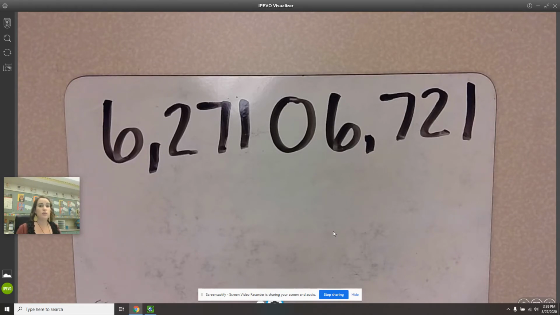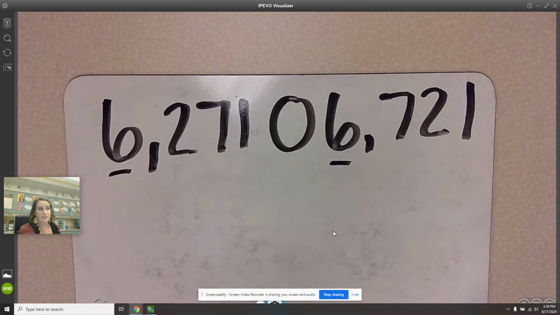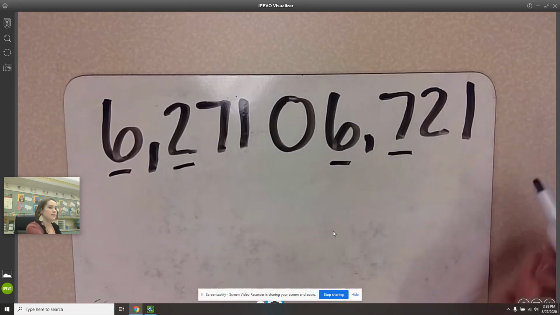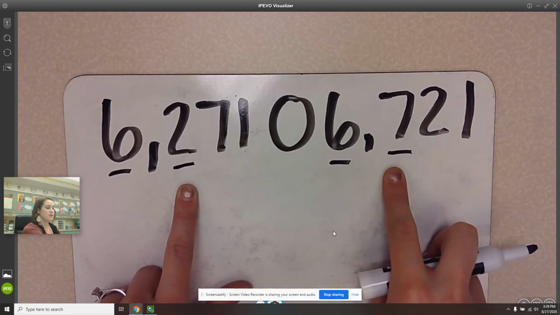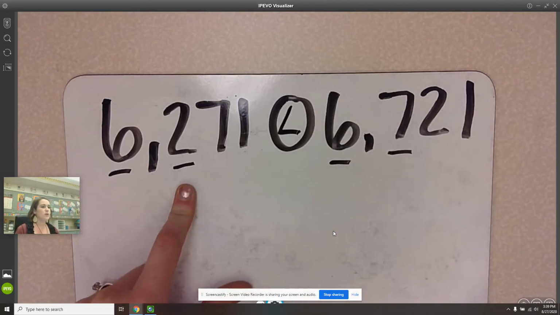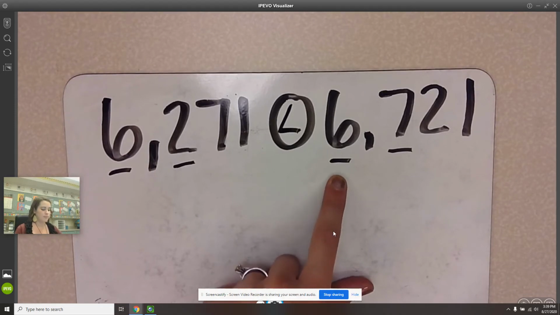So a lot of times you might know it just by saying it, but let's pretend we don't. So we need to look through each place value and see where there's a difference in the numbers. So if I look first at the thousands place, both of those numbers are 6. So let's go to the hundreds place. We have a 2 and a 7. Well, 200s is less than 700s. So we put the less than symbol in there. 6,271 is less than 6,721.